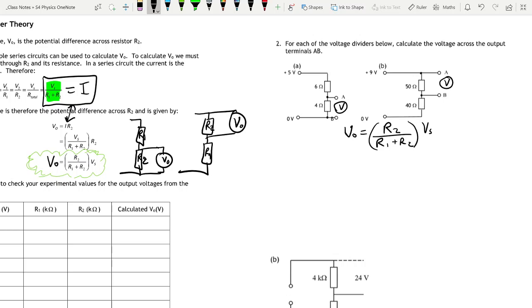So for part A, V out is R2, which is the resistor next to the voltage we're finding the voltage out across. So in this case, it's 4, divided by, add them together, 4 plus 6, times by the supply voltage, which is 5. You put that into your calculator and you end up with 2 volts.